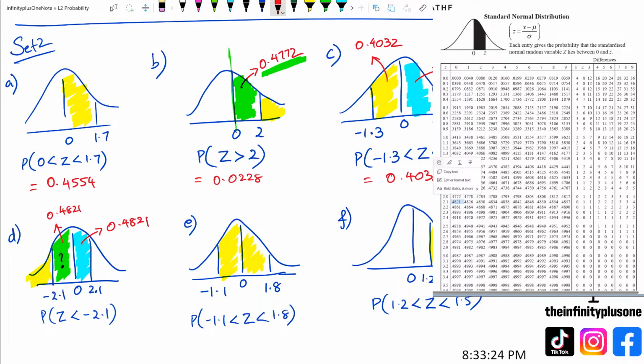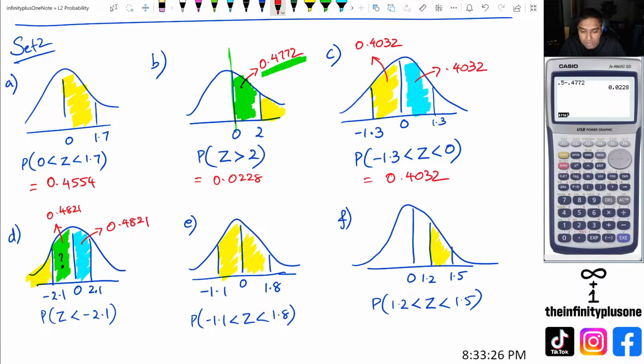So that means the yellow part is going to be 0.5 take away 0.4821. And that's going to give me 0.0179. So this probability is 0.0179.